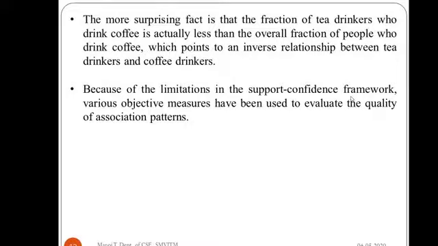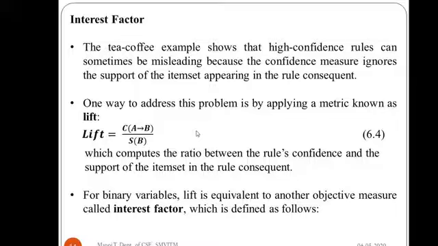Because of the limitations in this support-confidence framework, various objective measures have been used to evaluate the quality of the association patterns. We will see which are those quality measures. Interest factor is one quality measure which is used to overcome the limitation of the high confidence rules.